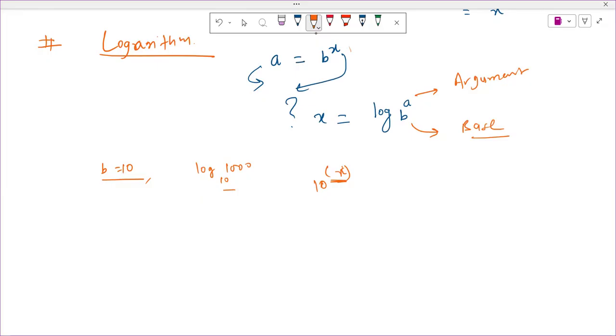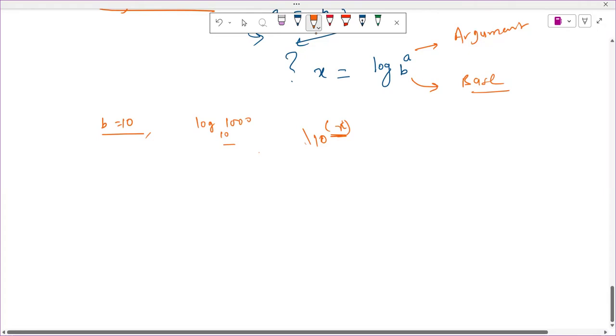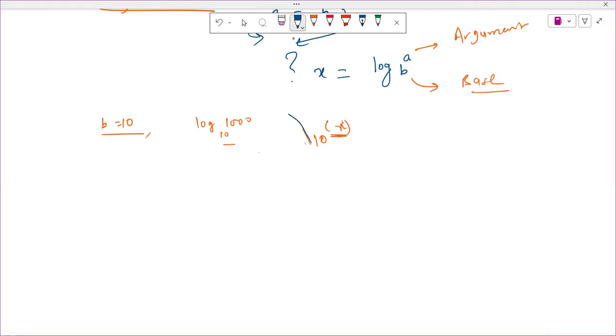What will be that number x so that 10 to the power x is equal to 1000? If we write 10 to the power 1, we have 10. If we write 10 to the power 2, we have 100, which is not equal to that. If we write 10 to the power 3, that's 1000. So it's equal to this. So in place of x, we have 3.